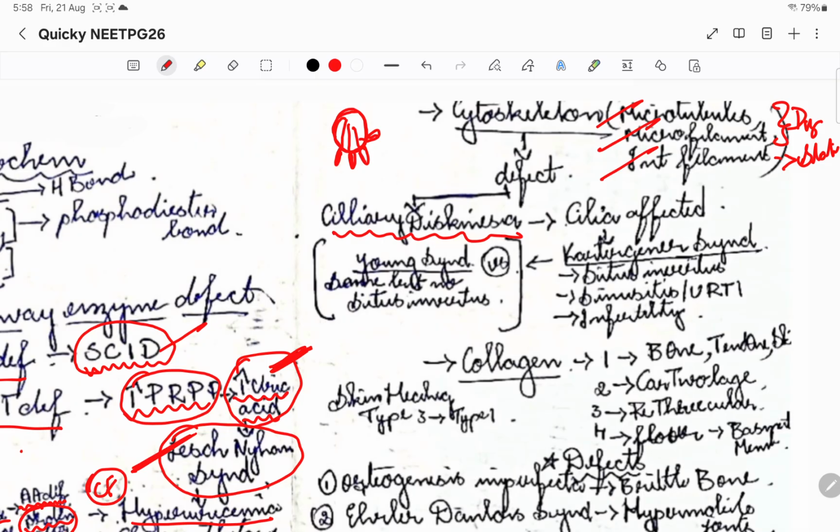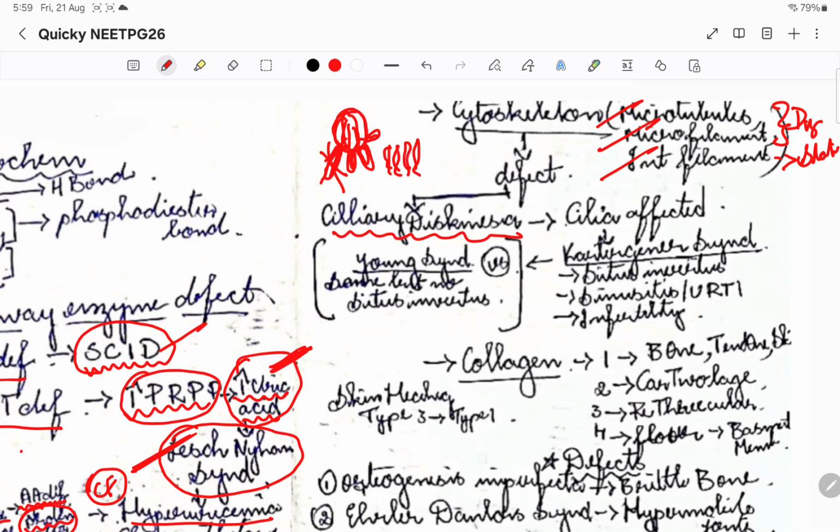We have an axial skeleton inside our body, vertebrae and skull, and we also have limbs, where the bones, radius, ulna, femur, are there. In the same way, cilia will also have a cytoskeleton. If there is a cytoskeleton defect in cilia, then it is going to have something called ciliary dyskinesia. The cilia won't be beating.